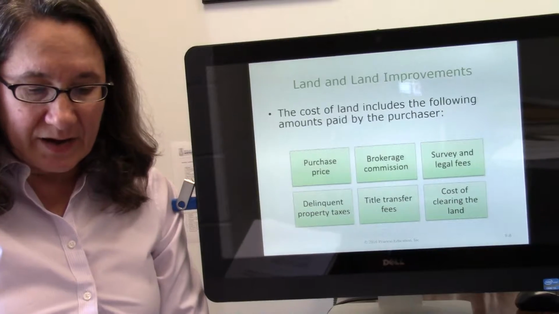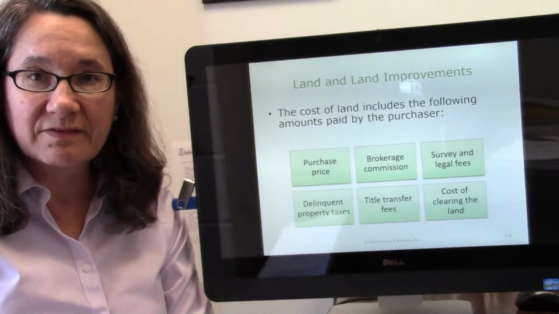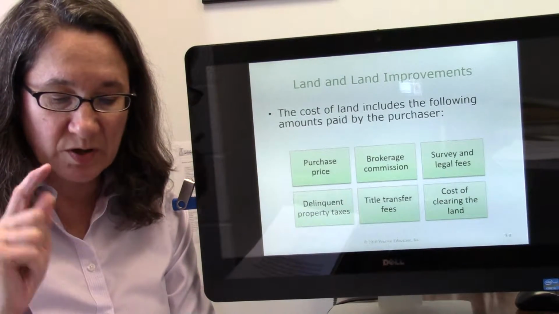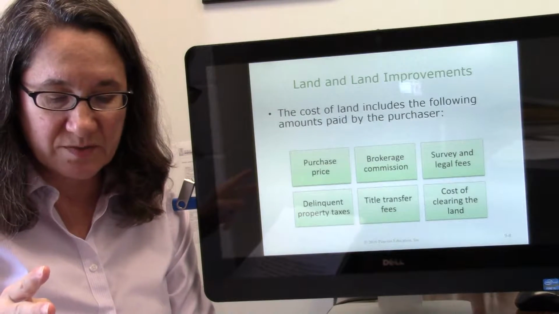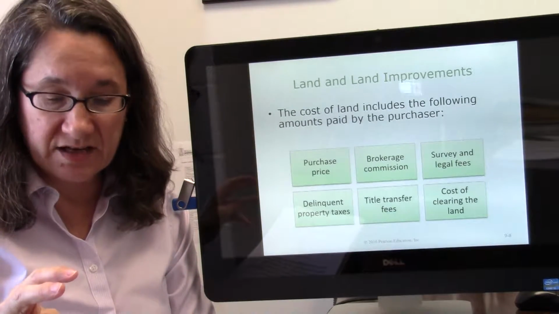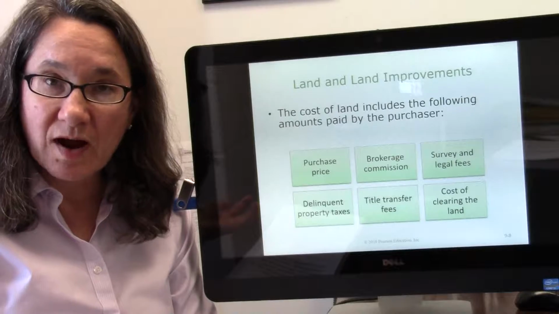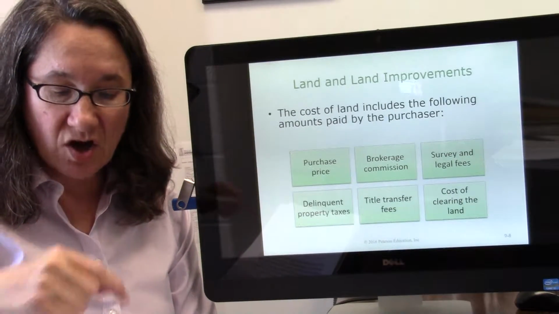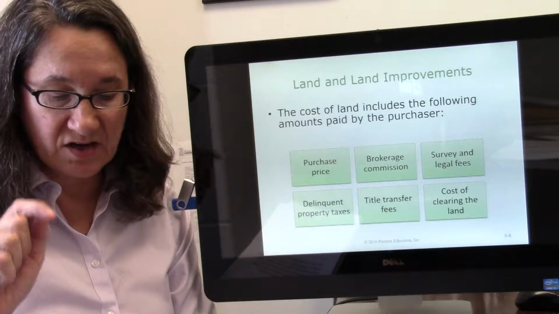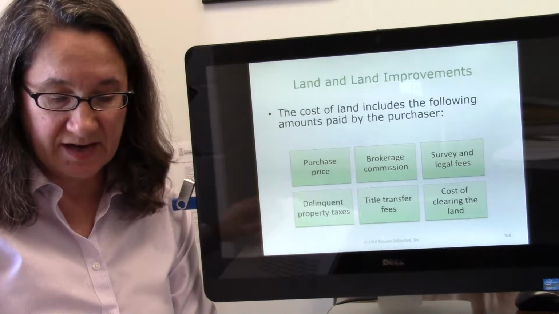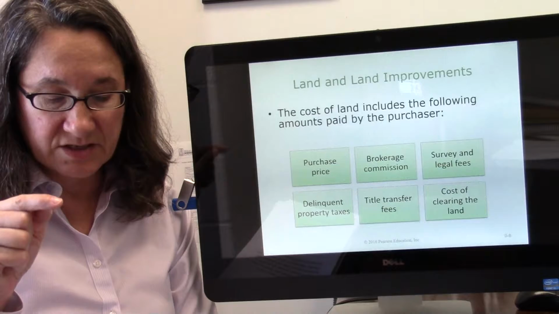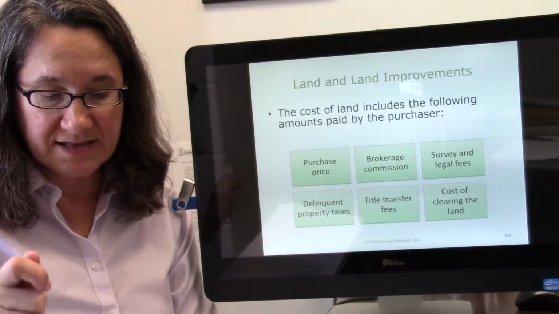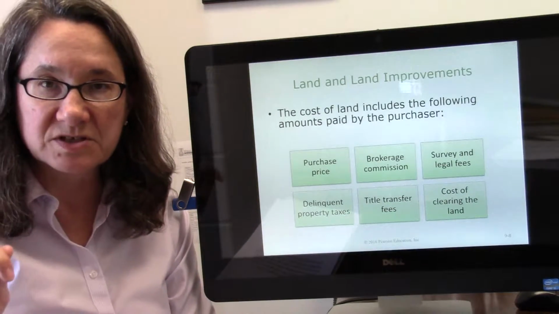Let's talk about land and improvements. The cost of land includes the purchase price, brokerage commissions, survey and legal fees, delinquent property taxes, title transfer fees, the cost of clearing the land, and the cost of removing old buildings from the land. Land is a unique kind of plant asset that is never depreciated.